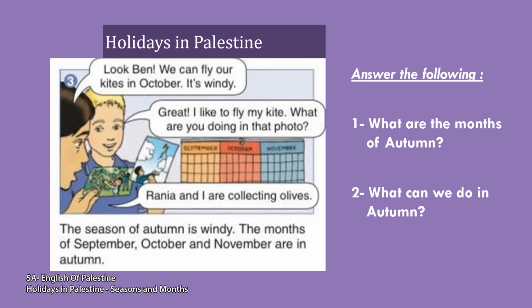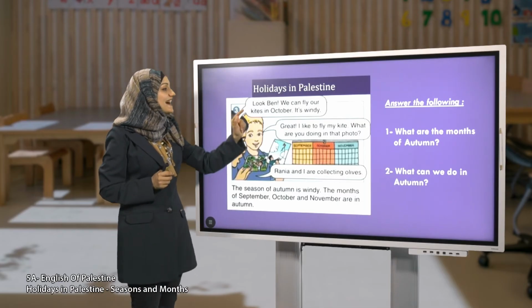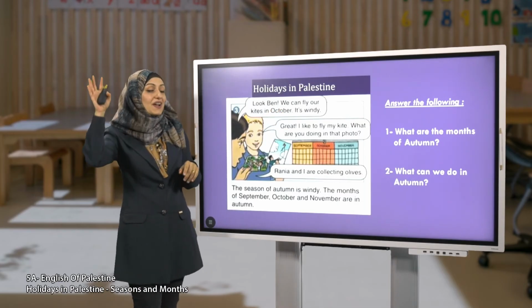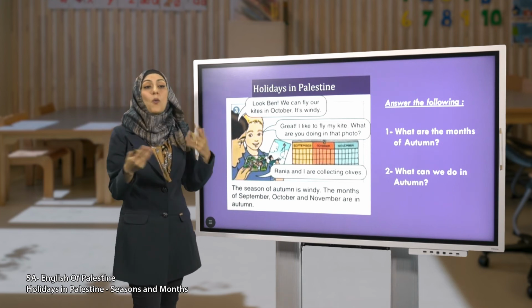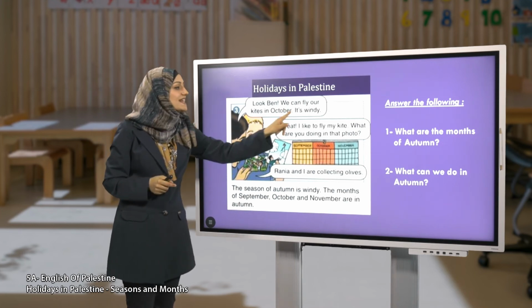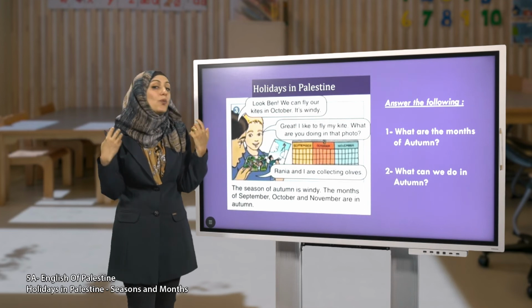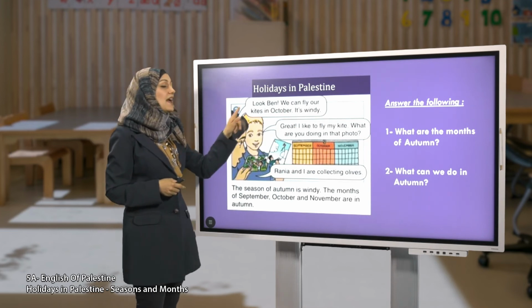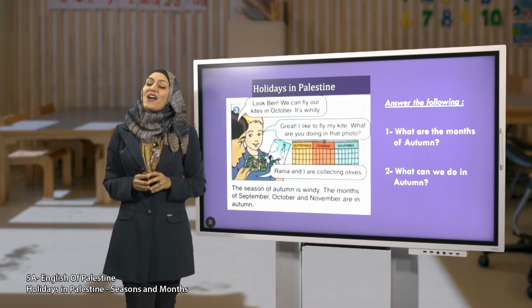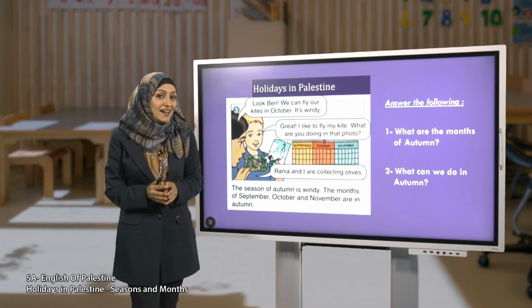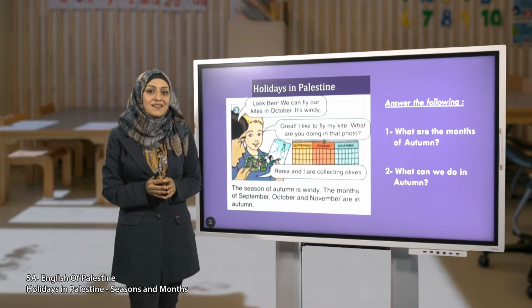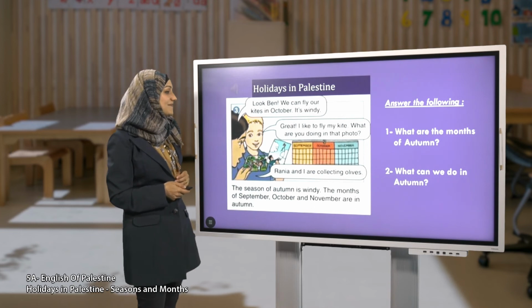What activities do people do in autumn? We can fly our kites in autumn. Why? Because it's windy. We have wind, so we can fly our kites. Have you ever flown your kite in autumn? Yes?